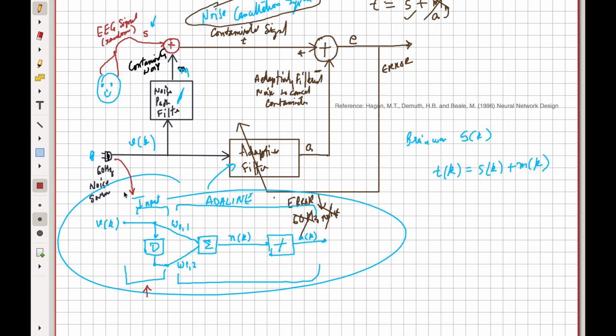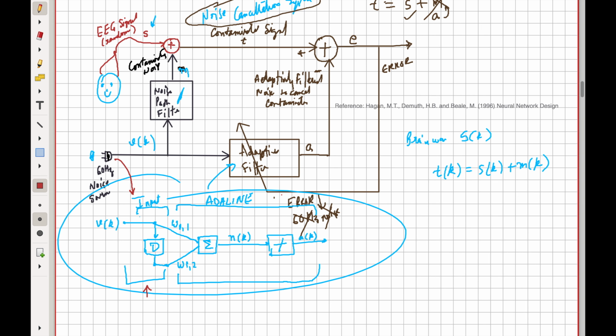The ADALINE network does not use the EEG as input. That's a very clear distinction I want to make. It just uses the target, which is a mixture of the signal and the noise, to find the error. Right. So the input is pure noise that we are getting here. Imagine that's the one that's coming from the wall.